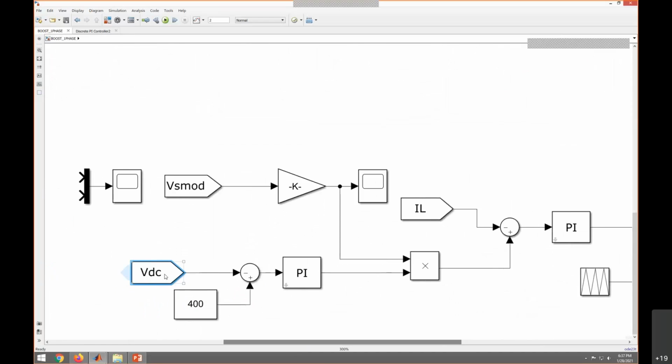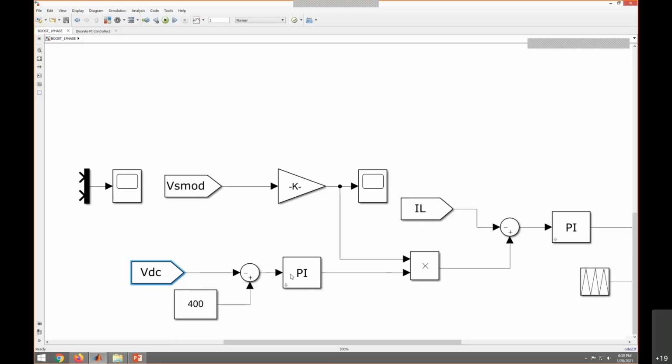I assume that the peak value is 230 into root 2, which is around 325 volts. So the output voltage, or the reference voltage, must be greater than 325 volts. Therefore I selected 400 volts here.